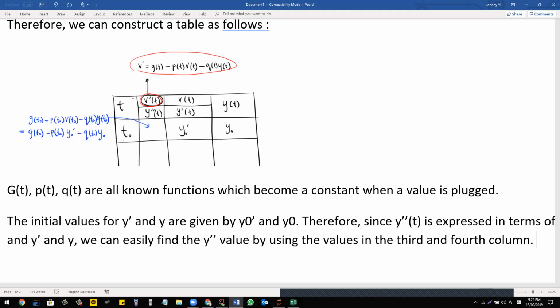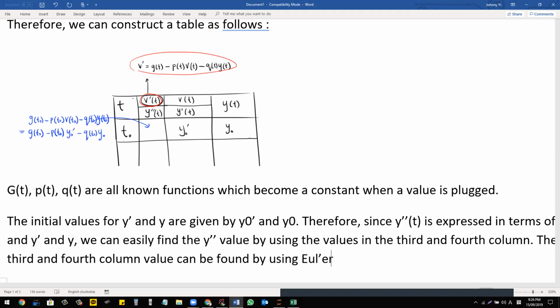Using those two columns, you find this. The third and fourth column values can be found by using Euler's formula.